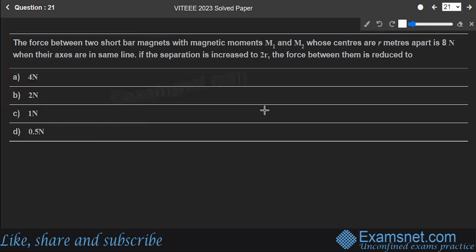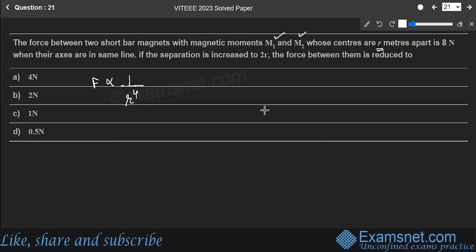The force between two short bar magnets with magnetic moments M1, M2, whose centers are R meters apart, is 8 Newton when their axes are in the same line. If the separation is increased to 2R, the force between them will be reduced to. Okay, first thing, the force between bar magnets with the moments M1, M2, which are R meters apart, is inversely proportional to the fourth power of R, the distance between the centers.